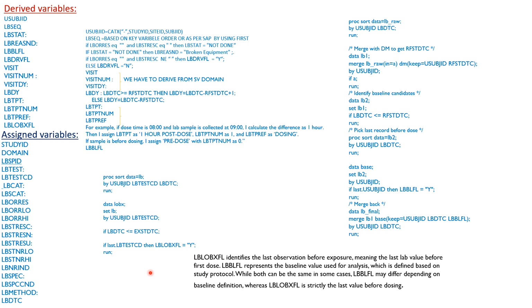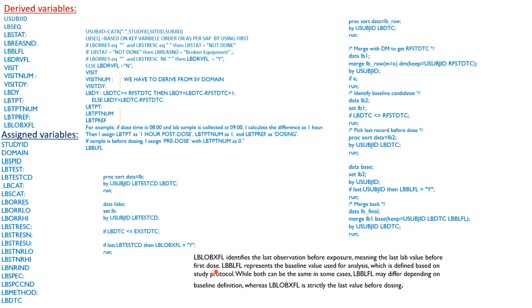Here LBLOBXFL means the last observation before exposure flag. When we create this flag variable, it is the same as before, but here instead of RFSTDTC we take EXSTDTC. The meaning is the last lab value before the first dose.